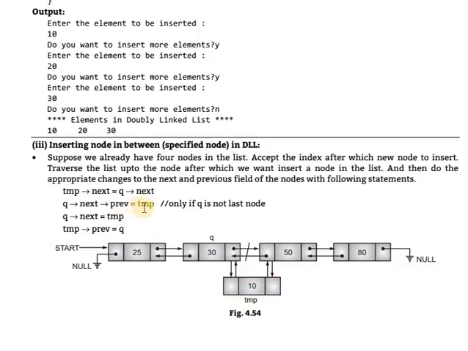Again, temp is assigned to q's next, and q is assigned to temp's previous, meaning they are connected with each other. Then also p's next's previous is connected with temp.